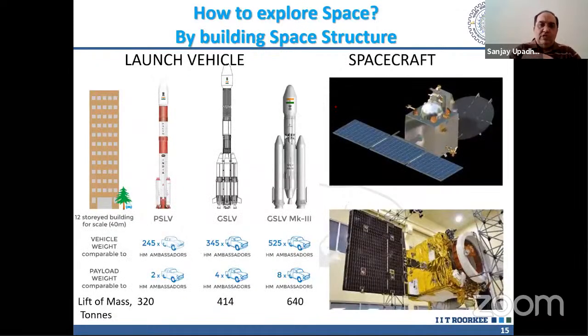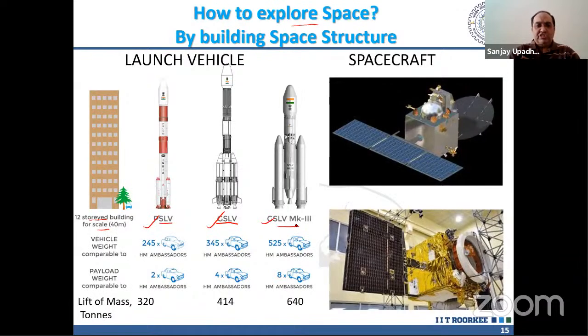Now, how do we explore space? By building space structures: the space shuttles, PSLV, GSLV Mark III. Our great scientists from ISRO have successfully launched all these launch vehicles. If you compare their weight and height, the PSLV is around a 12-story building, about 40 meters.